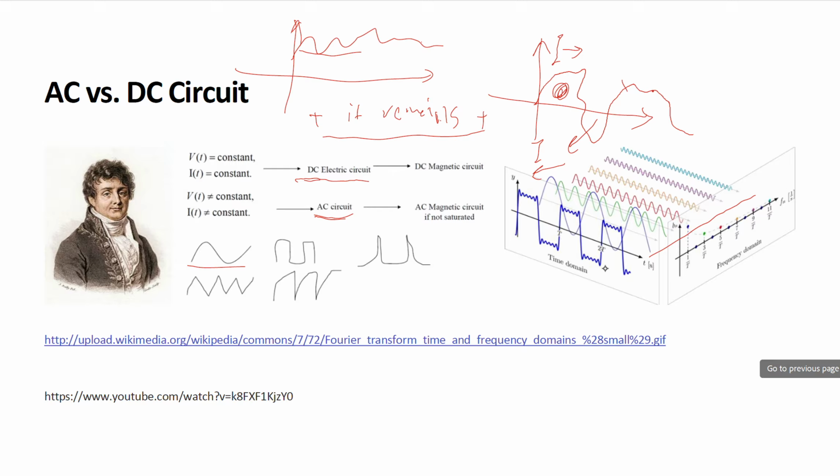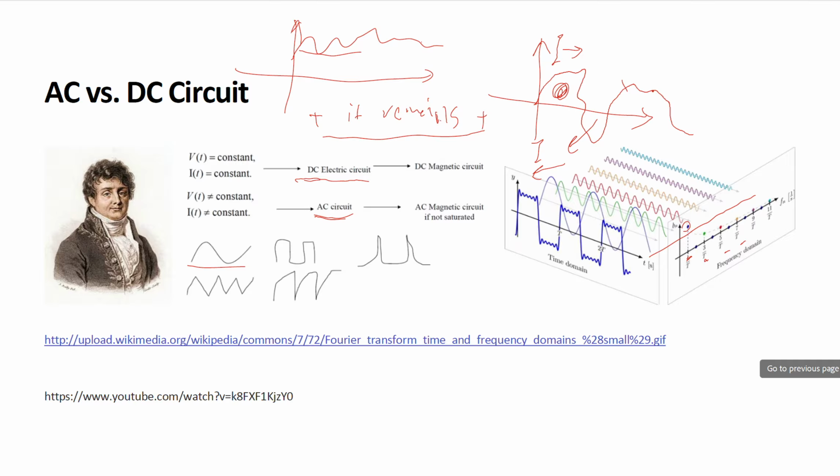We have a square wave, and if we take a Fourier transform, we get sinusoidal signals with different frequencies. You can see different frequencies here, here, here, and each frequency has a different amplitude. The summation of these alternations would give us a square wave at the output.